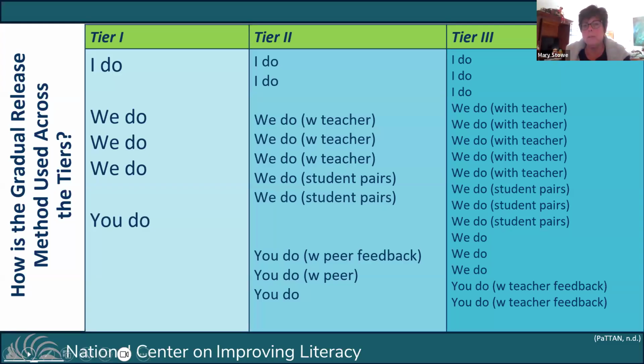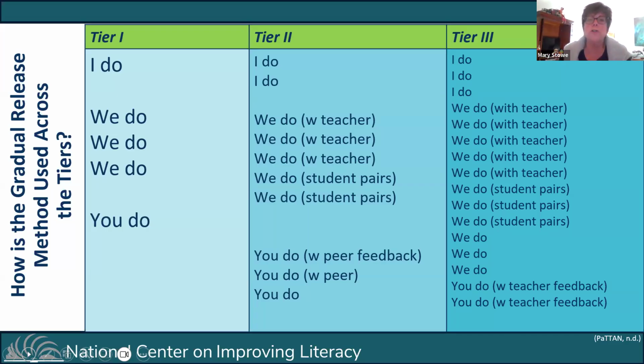But what's extremely important here, and you can see it through tier two and through tier three as well, is that we need to reach the you do piece because we need to know what students are able to do. We can't assume, we need to know that they're able to complete the tasks successfully that we're asking them to accomplish.